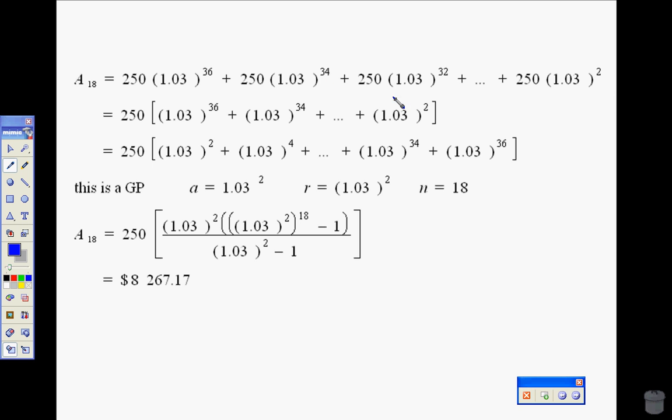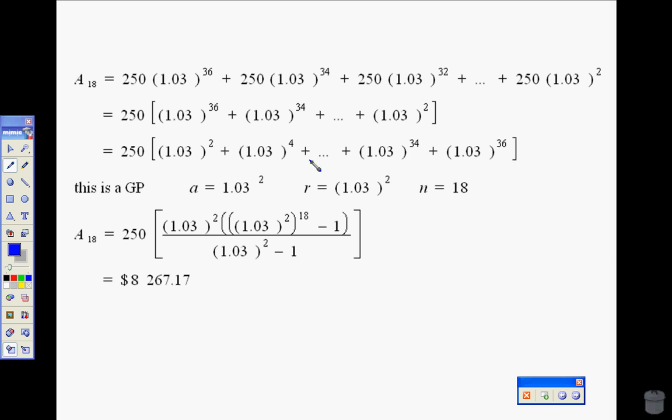The amount from her second birthday compounded 32 times, and then the amount from her 17th birthday has been compounded only twice because it's only been in there for a year. So again, rearrange our terms, take out the 250, put it from the lowest to highest. You could keep it that way if you like. You can still see that's a geometric progression. It's just one of the things I like to do when I do these questions.